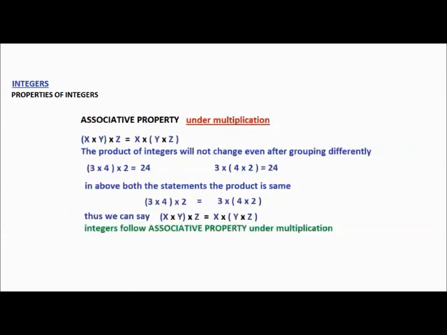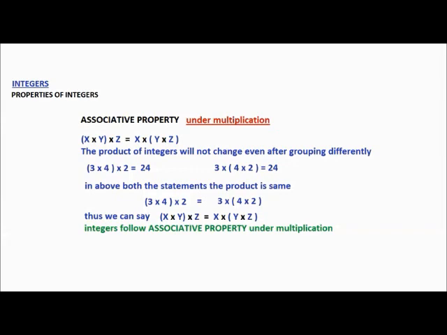Now associative property under multiplication. The group x into y multiplied with z must be equal to x multiplied with the group y into z. The product of integers will not change even after grouping differently. So suppose 3 into 4 is a group and multiplied with 2, that results in 24.